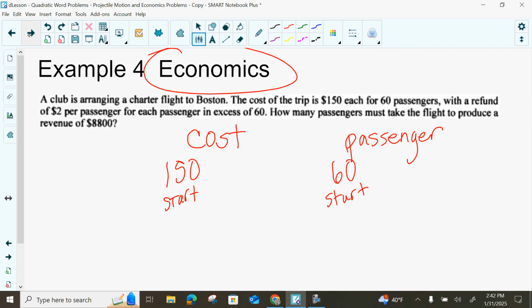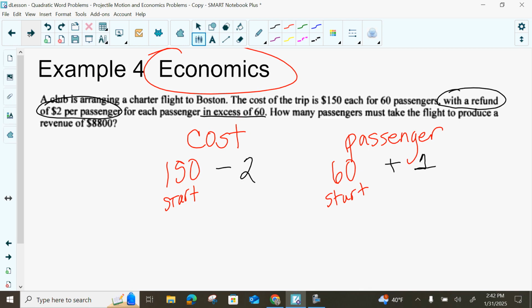So now it says, you're going to get back a refund of $2 per passenger when it goes more than 60. So every time I add one person, the cost is going to decrease by $2.